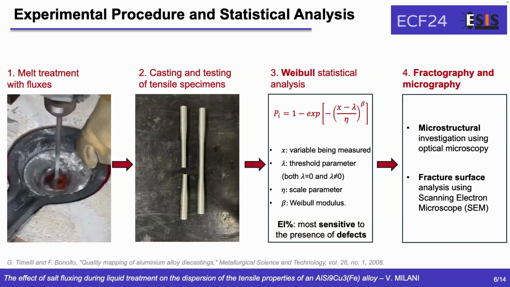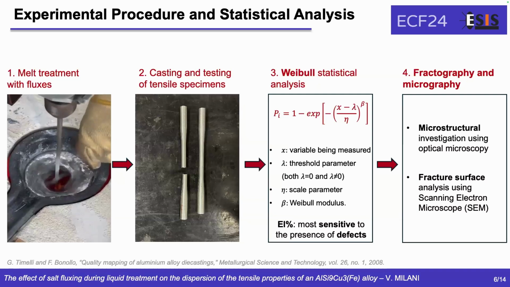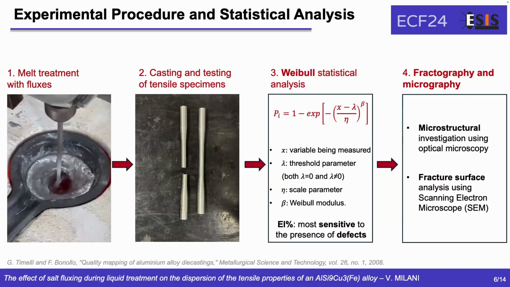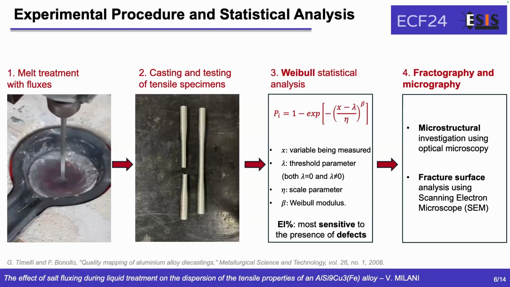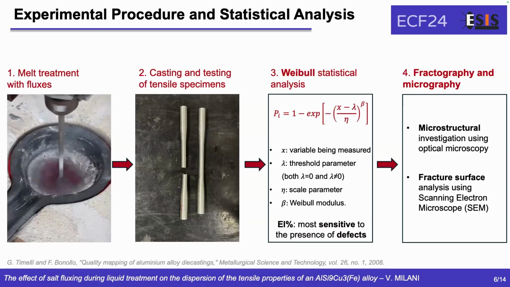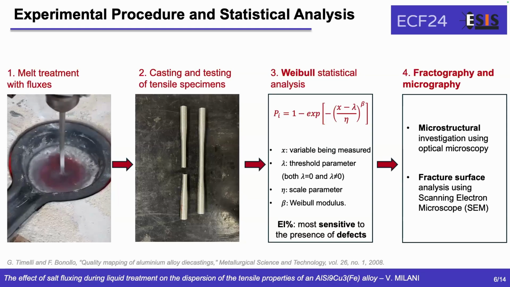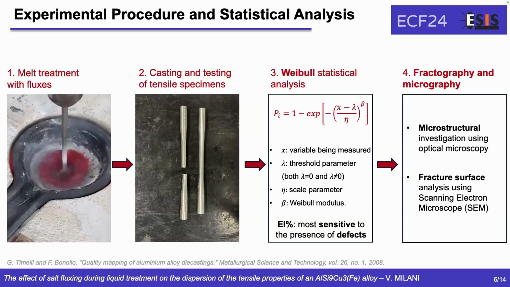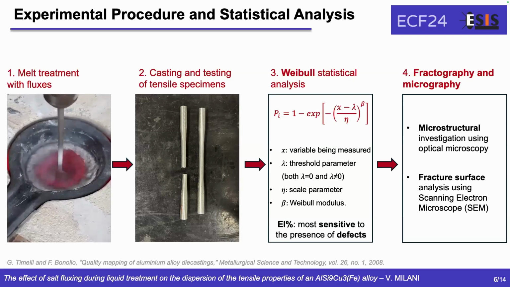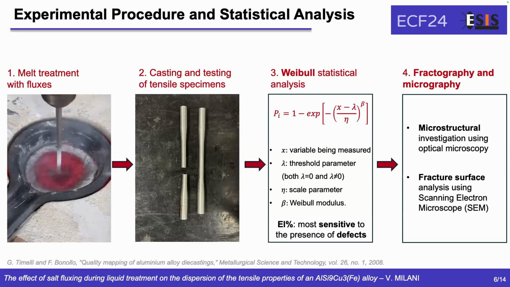Then we produced some tensile specimens by casting, and we continued with a Weibull statistical analysis, considering both a 2-parameter Weibull distribution, by setting the threshold parameter equal to 0, and a 3-parameter Weibull distribution, by also considering this threshold parameter.